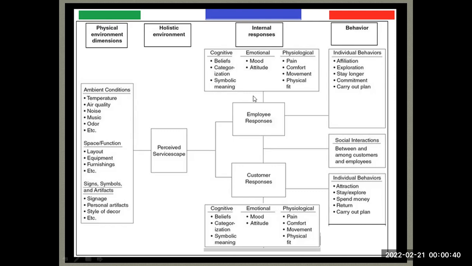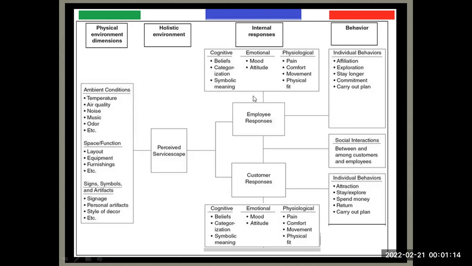Like this organization is a top organization to work, the best place to work, or an ordinary place to work, or a very bad place to work. Then there are many symbolic meanings that the employee will associate. A lot of signs and symbols that the organization has, the employee will start giving specific unique meaning to the signs the organization is using. Depending on the physical environment dimension, the employee will generate his mood, good or bad, and attitude towards that particular organization.